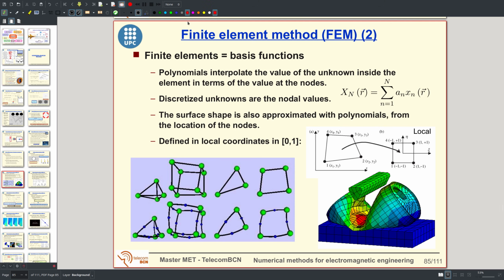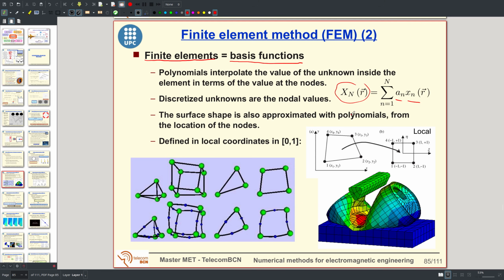In fact, we can consider the finite elements to be equivalent to basis functions. So conceptually, for us, these finite elements play the same role as the basis functions in the method of moments. We expand the unknown as a linear combination of basis functions or finite elements.